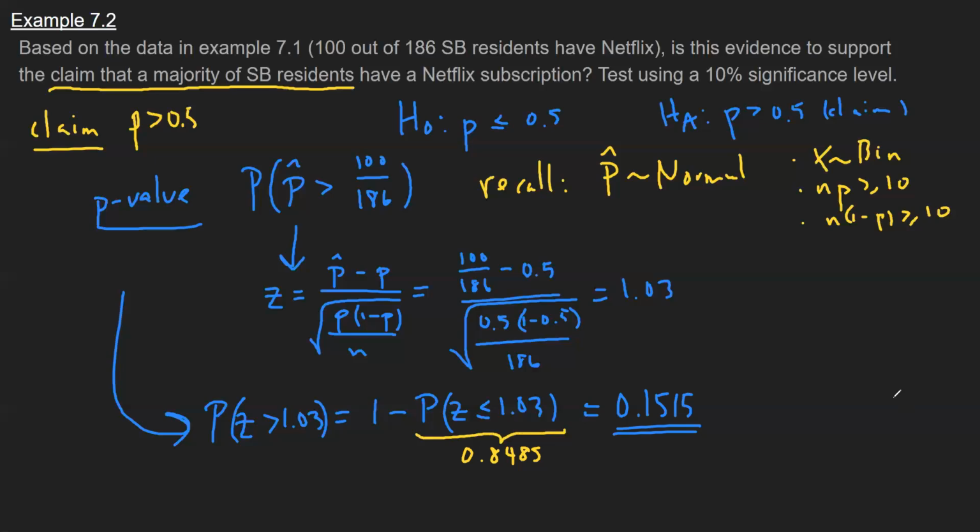And that's the value I'm using to test against my significance level, or the test level. What we said earlier was that larger p-values are evidence in favor of the null, and smaller p-values are evidence against it. How big or how small depends on that significance level.